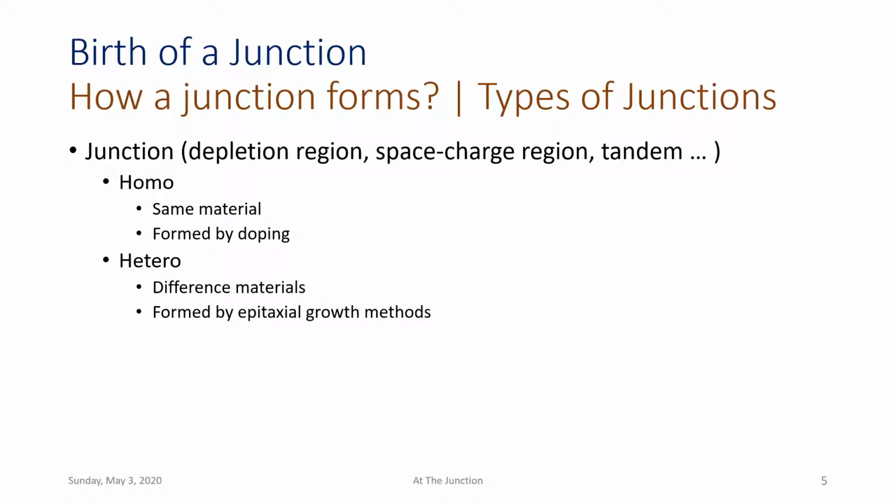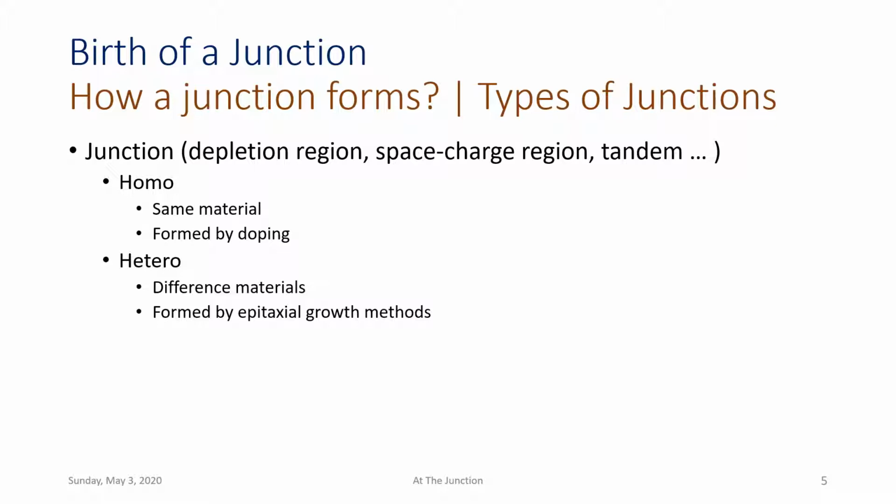But there are two types of junction. One is a homojunction. As the name suggests, this is the same material, and so the only way to form a homojunction is via doping. And the doping could be different on each side, an N-type and a P-type, and so we'll form a junction.